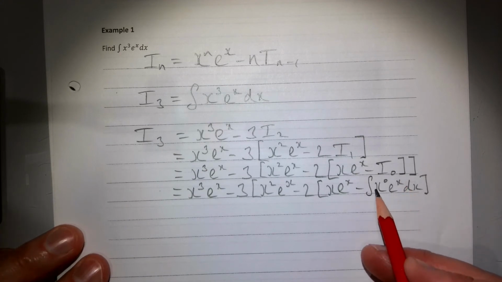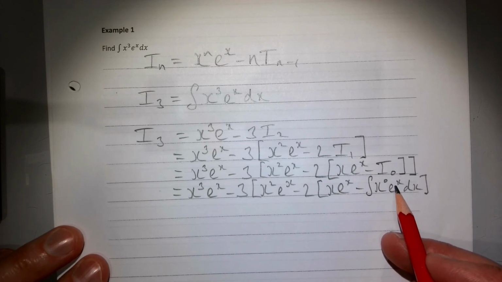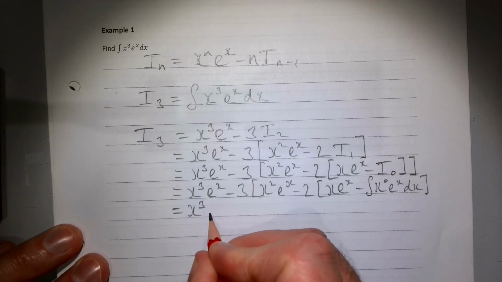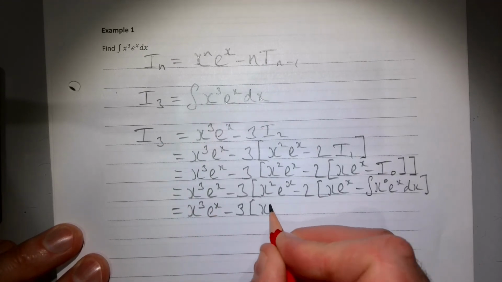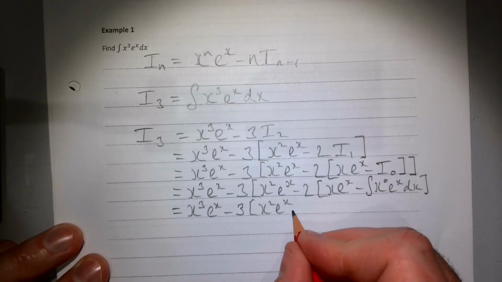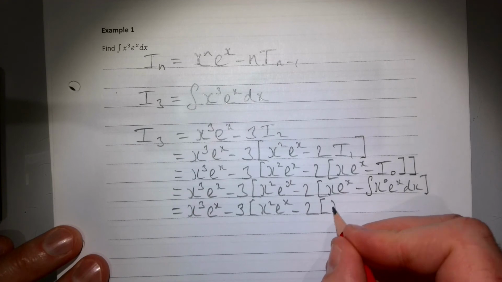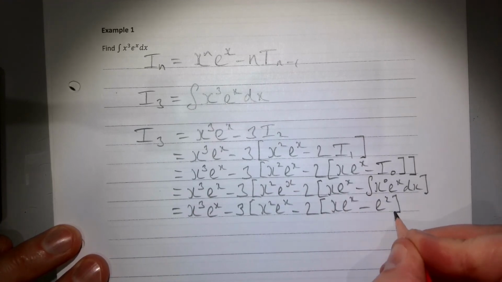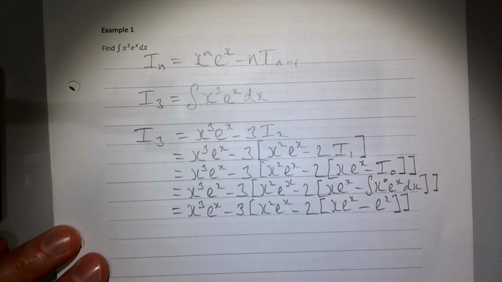So what do you get? x to the 0 is just 1, so the integral of e to the x just gives us e to the x. Now we can start to tie these things up. So x cubed e to the x minus 3 times x squared e to the x minus 2 times x e to the x minus e to the x. I should have my bracket around that, shouldn't I?